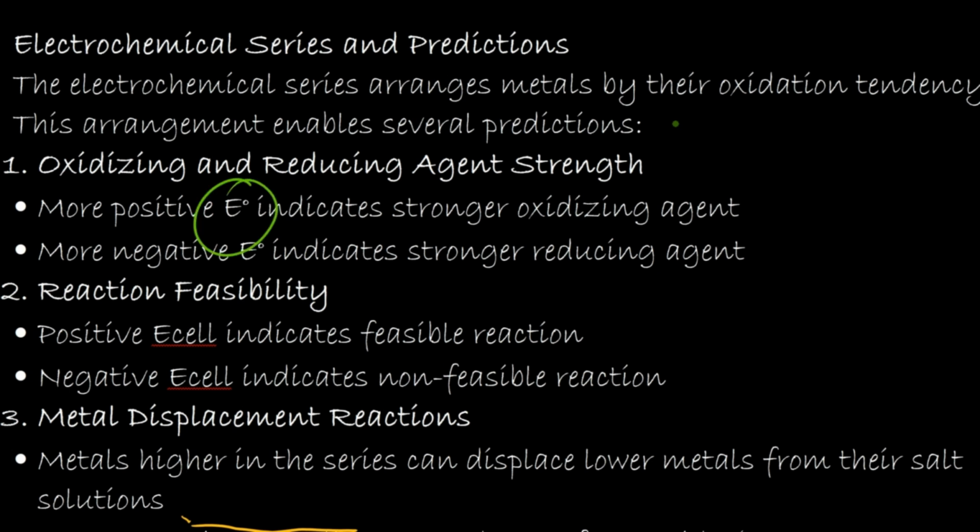E naught value is so important. Then E naught cell: a positive E cell value indicates a feasible reaction, and a negative E cell indicates a non-feasible reaction. Okay, and we also know about the electrochemical series, which gives us information on displacement, whether the displacement happens or not.